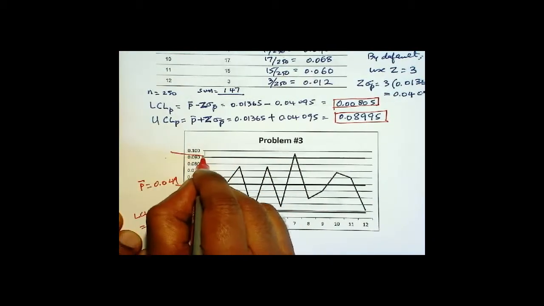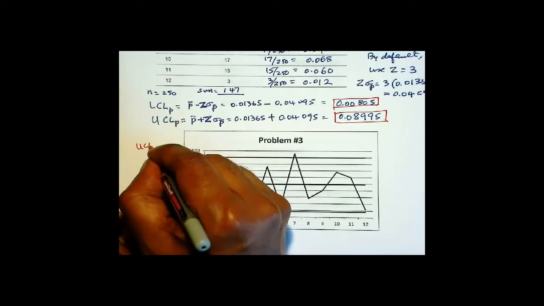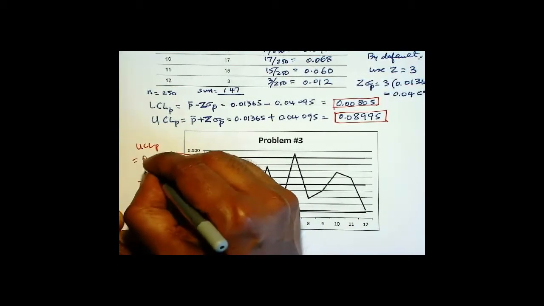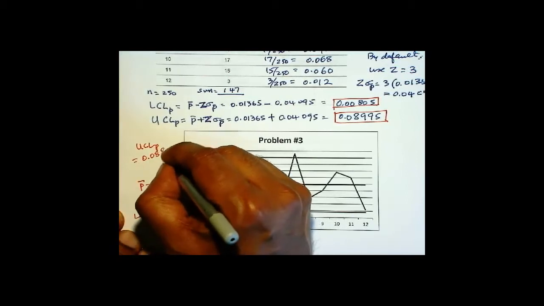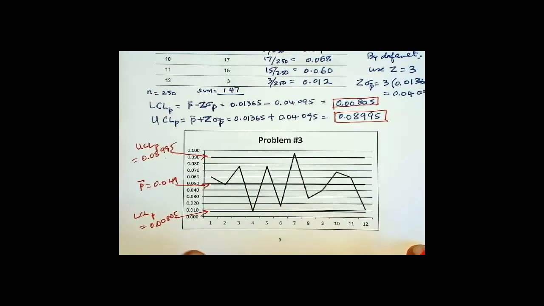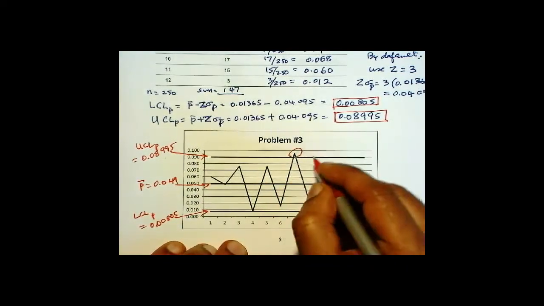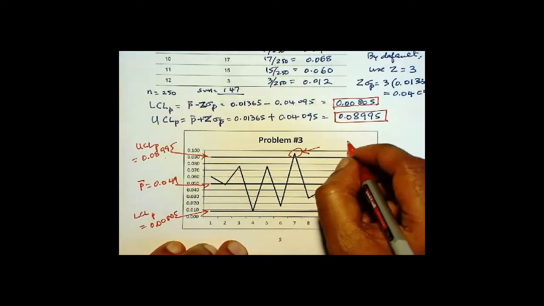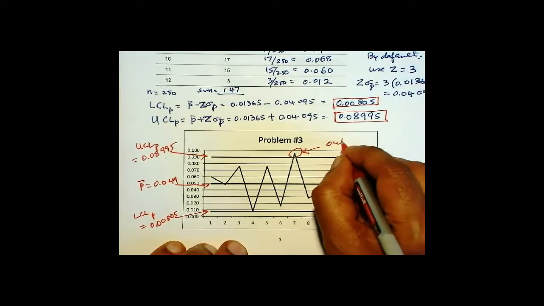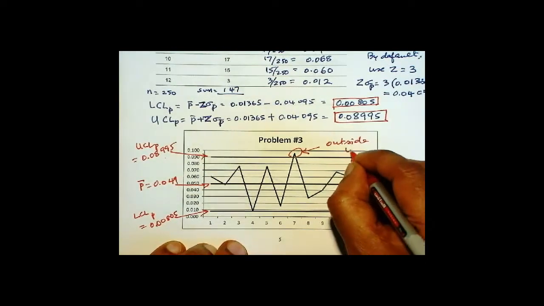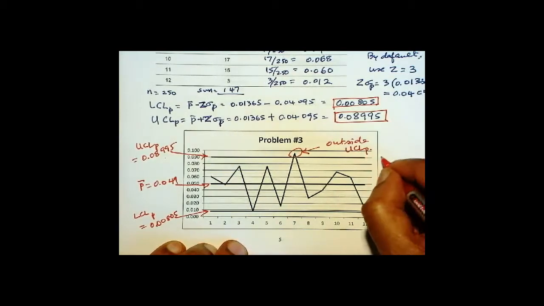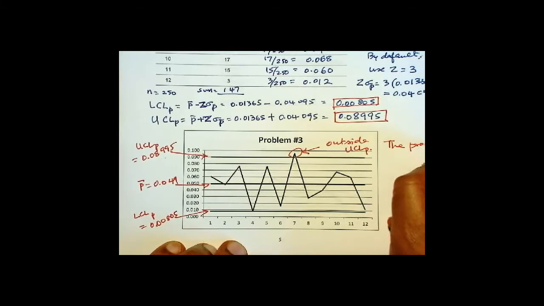That's the upper control limit for P, which is 0.08995, and these are the plots. And here this indicates, so this is outside the upper control limit. The process is not in control.